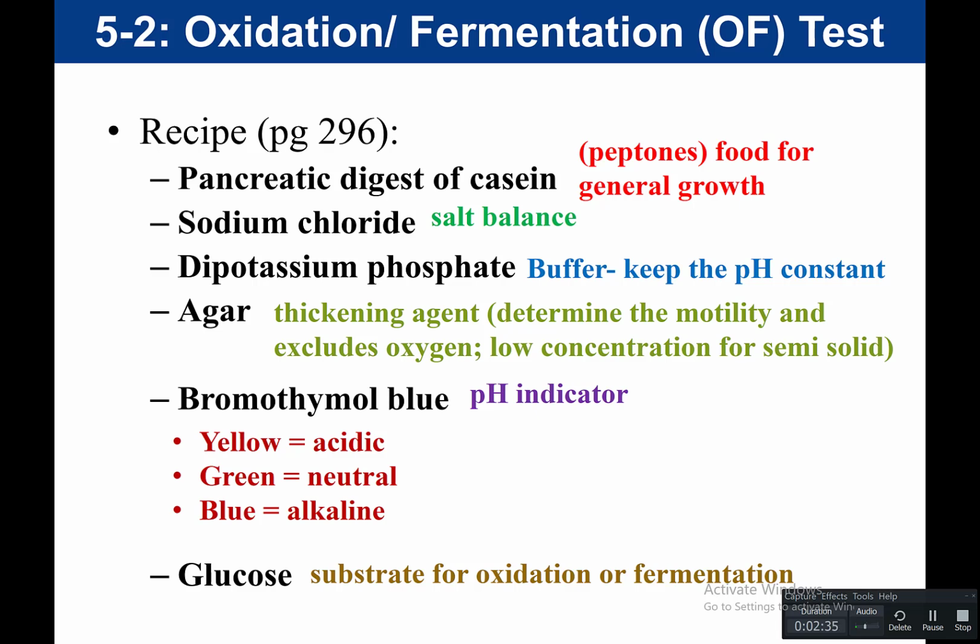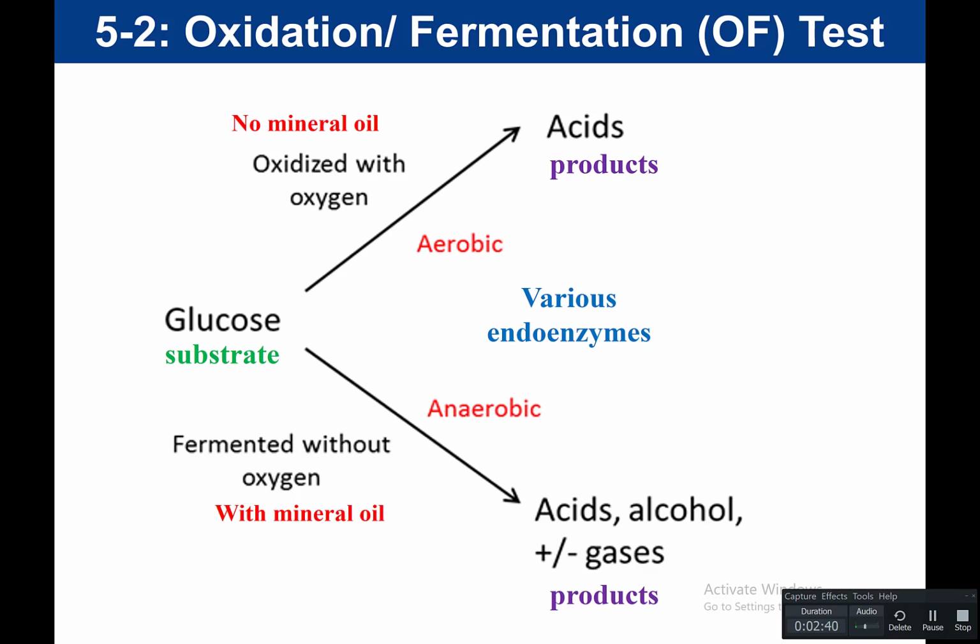So for this test, you want to know, again, your biochemical sheet. And so your substrate is going to be your glucose. Your enzymes are going to be various endoenzymes. So again, it's not just testing one enzyme. You want to know that the aerobic tube, the one that has no mineral oil, the one that's testing oxidation, meaning oxygen is present, that product is going to be acids.